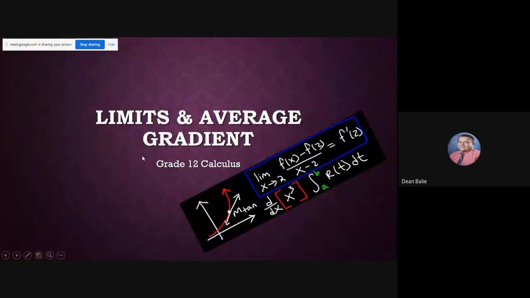We're going to have a look at a concept today. What we've been working with yesterday is average gradient, the gradient between 2 points on a curve, and how that can lead us to find the gradient at a point. But in order to definitively work out the gradient at a point, we need to investigate a concept called limits, or the limit of a function.